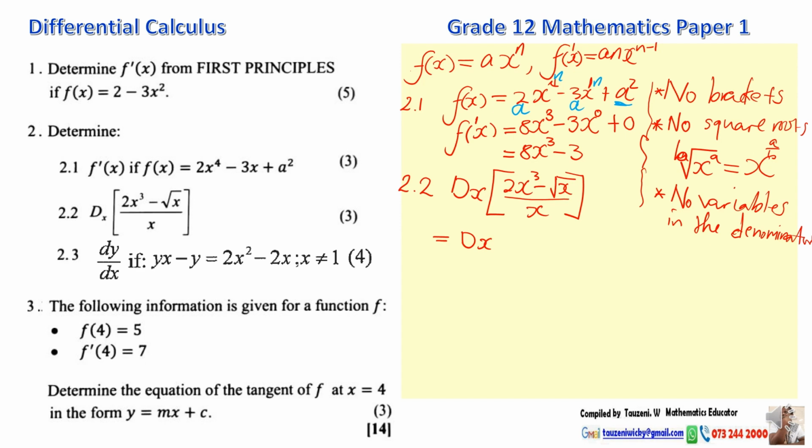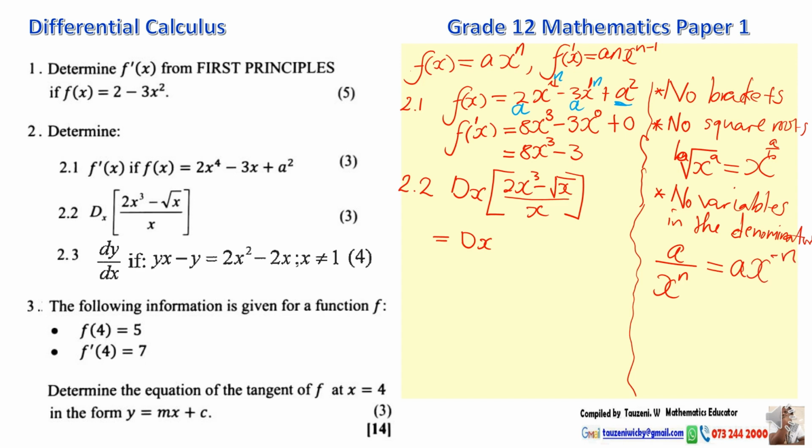So if there is x in your denominator and you are differentiating with respect to x, then we must use the laws of exponents to change it. Let's say, for example, we have a over x to the power of n. Then this is equal to ax to the power of negative n.